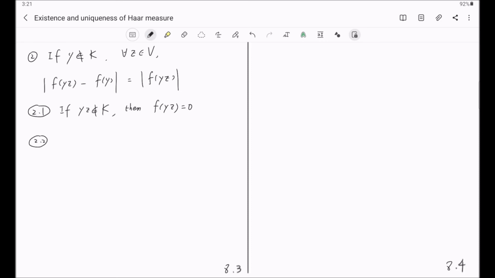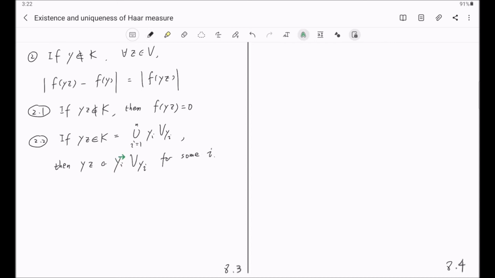Second, if yz is in K, then because K is a union of y sub i's times v sub yi's, where i's are from 1 to n, we have this yz must be in y sub i times v sub yi for some i.